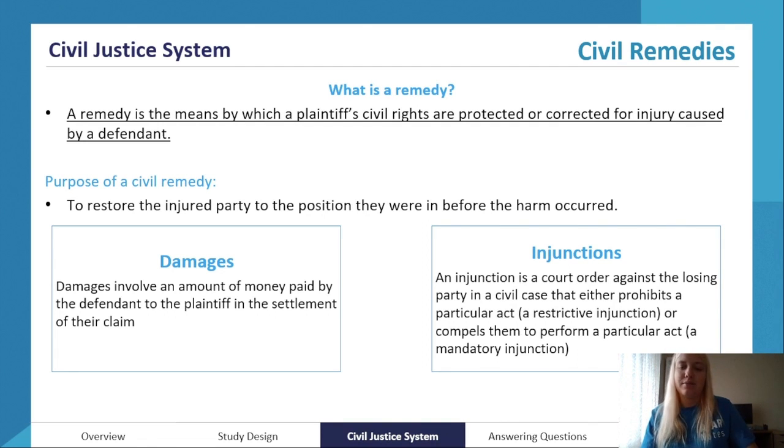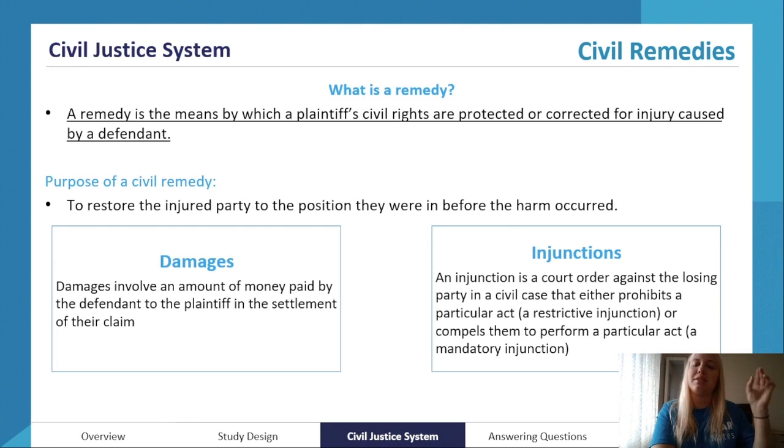Injunctions are court orders that force the defendant to do something to benefit the plaintiff, or to not do something, to stop an action. Okay? So an injunction is a court order against the losing party in a civil case that either prohibits a particular act, which is called a restrictive injunction, or compels them to perform a particular act, a mandatory injunction.